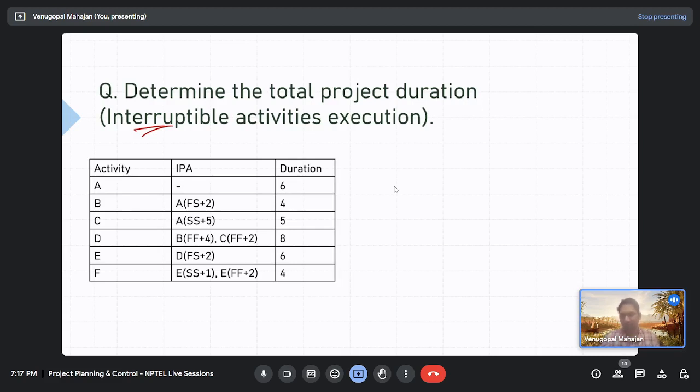Guys, one more thing. When you see the software, be it MS Project or Primavera, you can plot each and every relationship: start to start, finish to finish, all kinds of relationships and lead lag values.